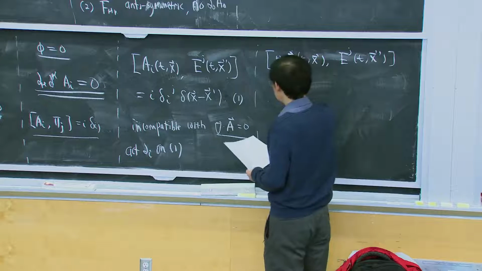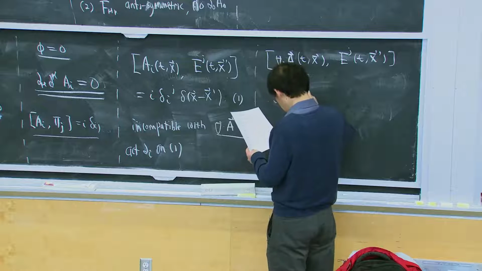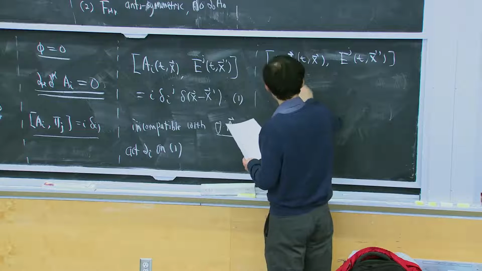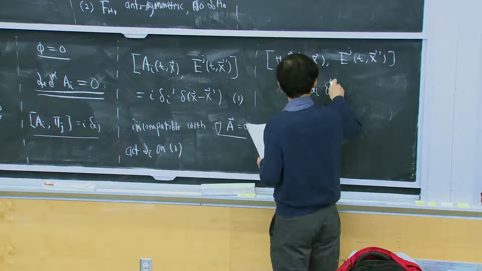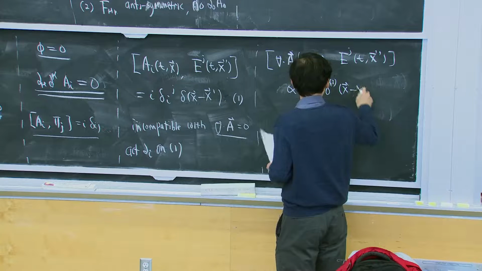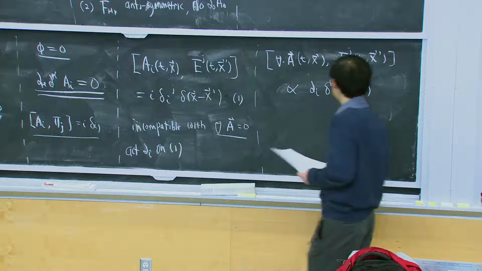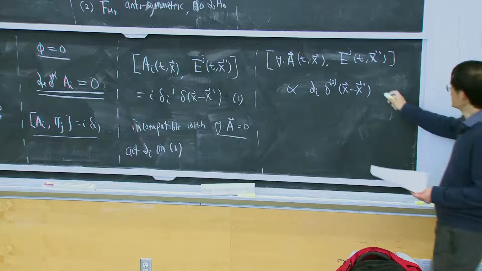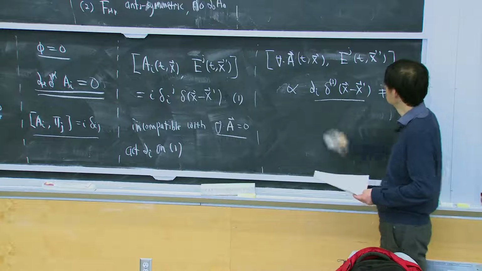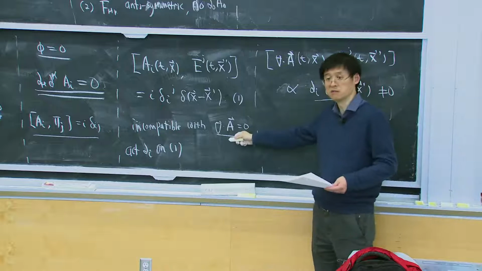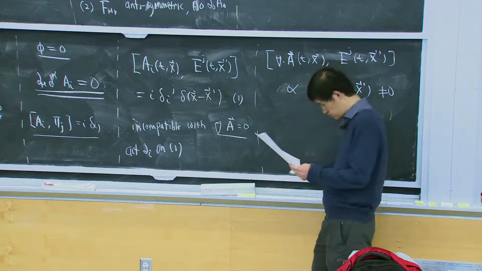On the right hand side I have partial_i of the delta function. The right hand side is non-zero, it's just a derivative of the delta function. But the left hand side, according to the gauge condition, should be 0. So we have a contradiction.